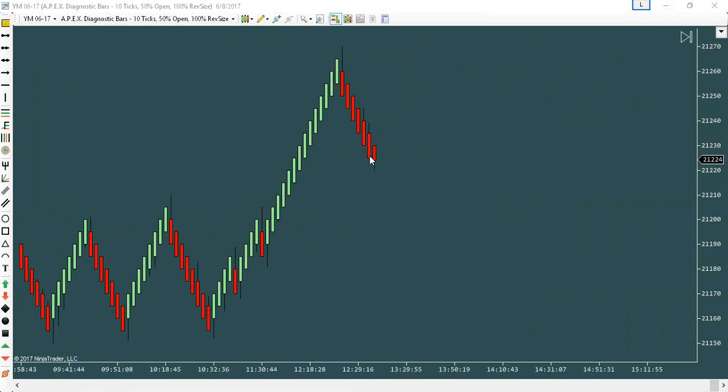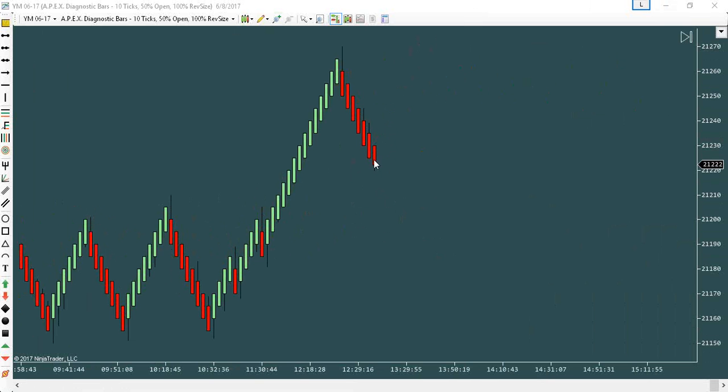But I'm wrong and it starts to go down 20, 25, 30 ticks against me. Well, I'm probably thinking, hey, maybe I called this wrong. It's not going up, it's going down, right? And I'll probably just exit the trade, correct?